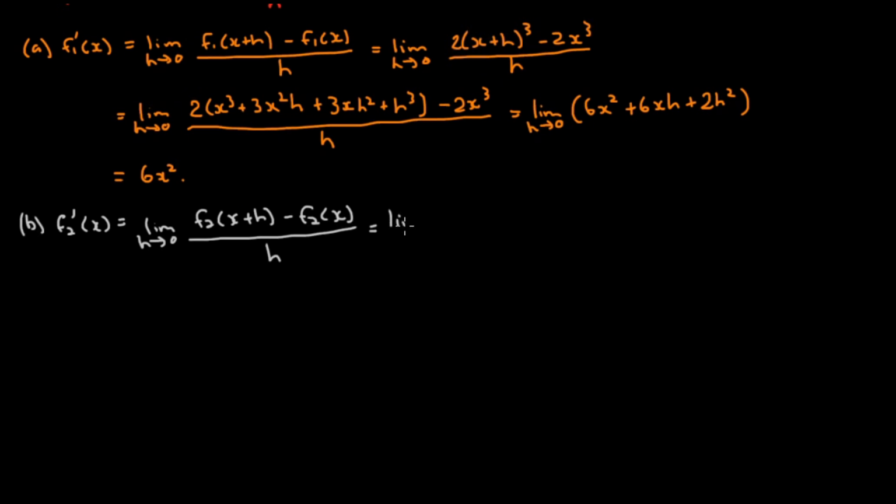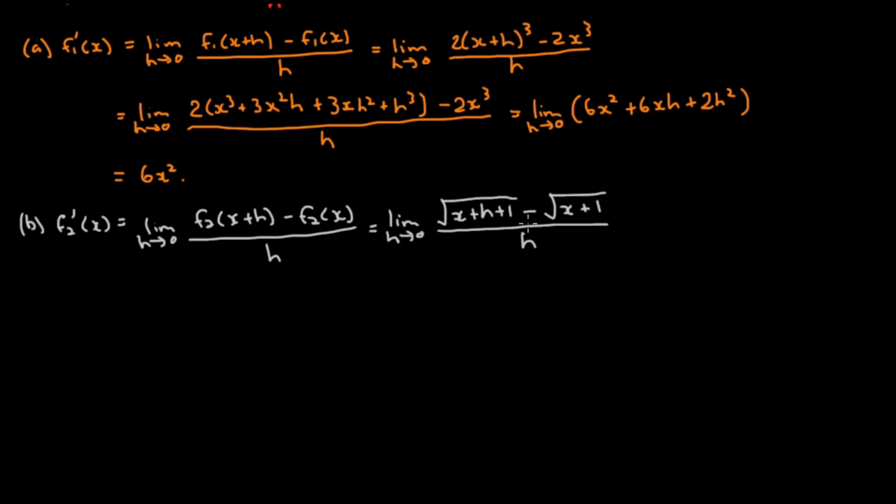We substitute in our values for this function. We get the limit as h approaches 0 of the square root of x plus h plus 1 minus square root of x plus 1 all over h.